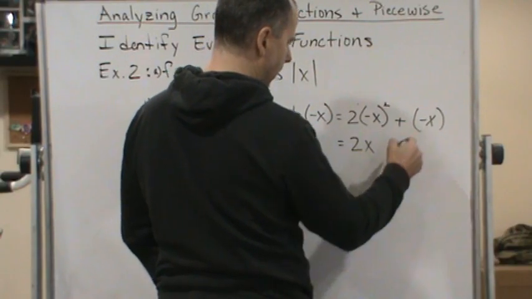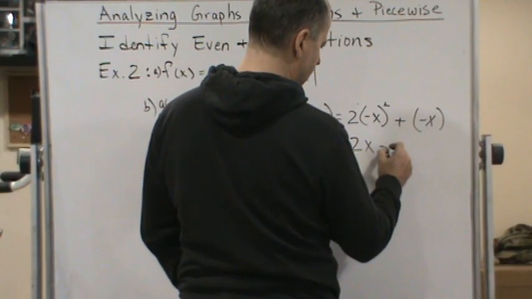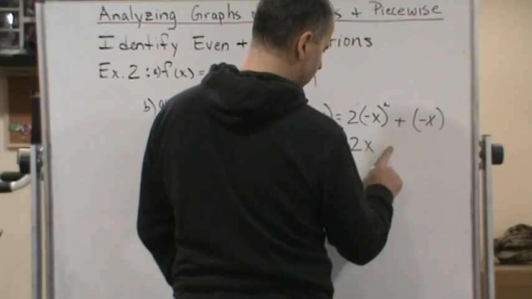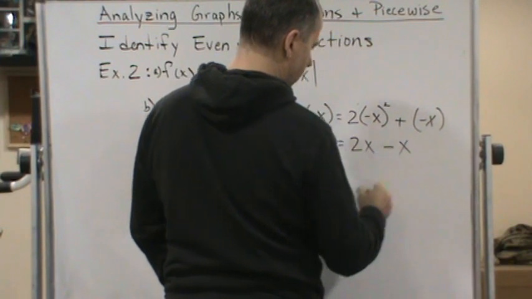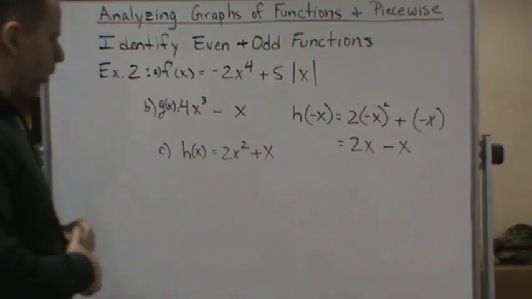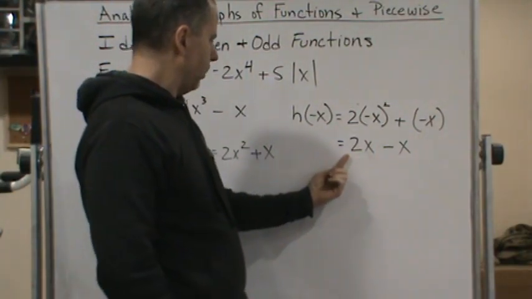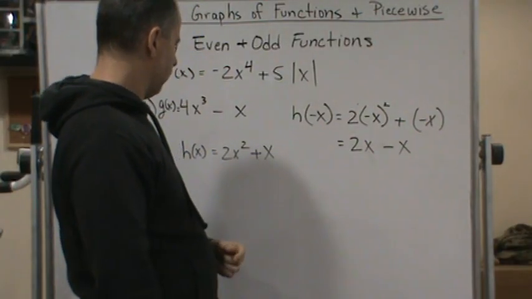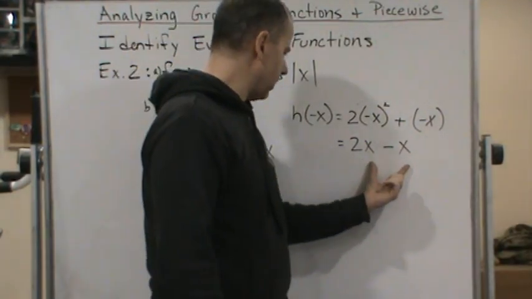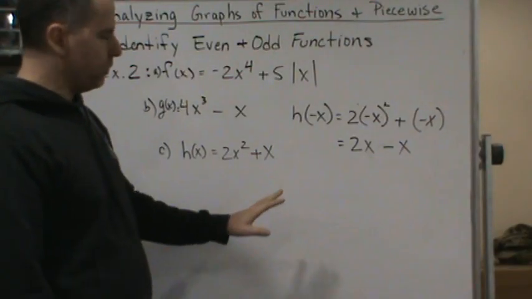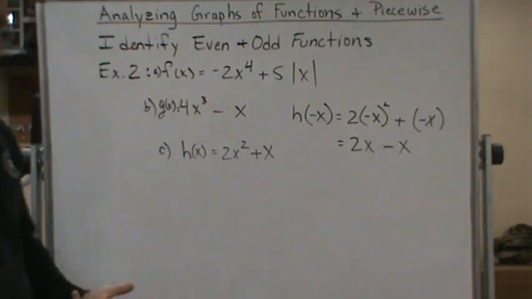The other term brings out the negative 1, so that makes it a subtraction. Now if we pull out a negative 1, we're not going to get the negative of h of x, but we don't get the original function back either. So this would be neither odd nor even.